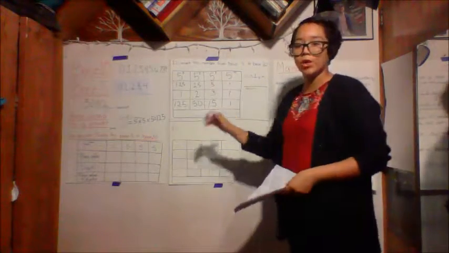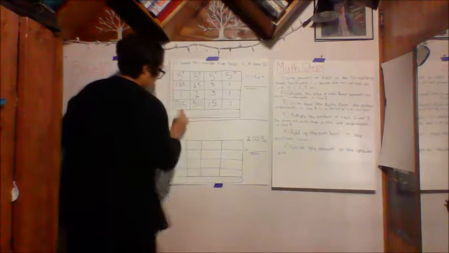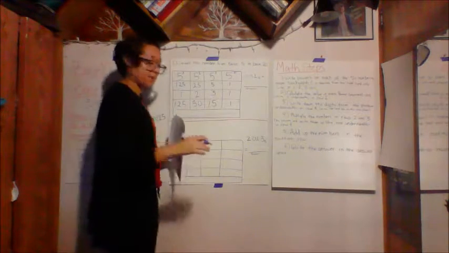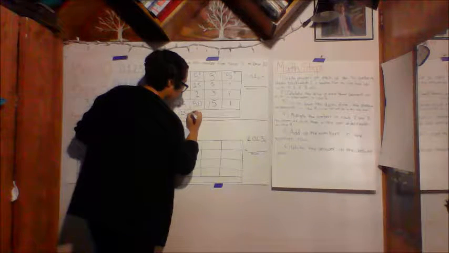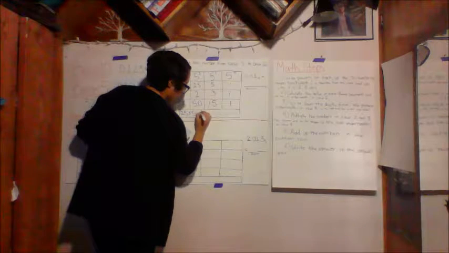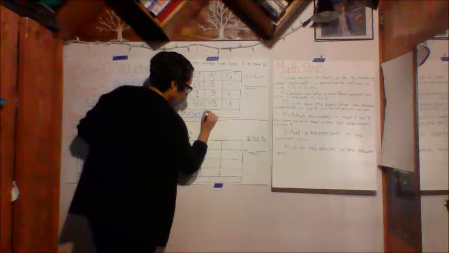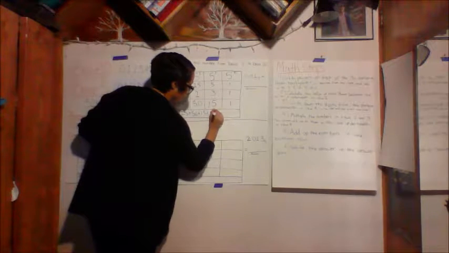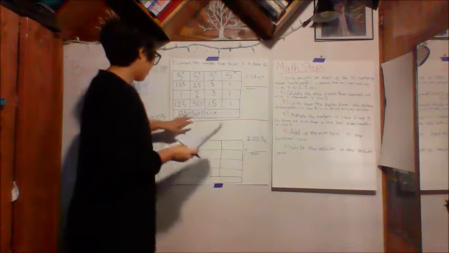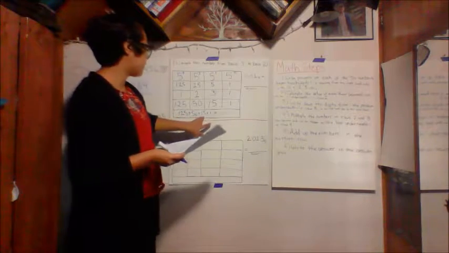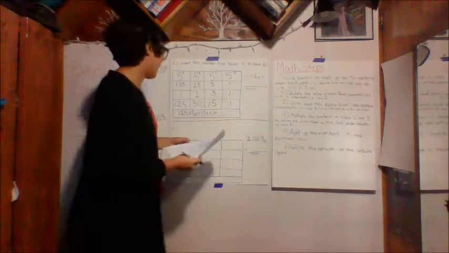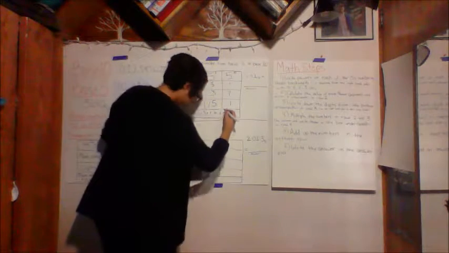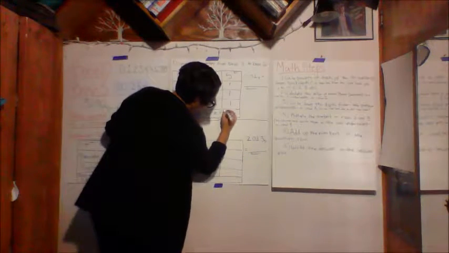Now that we have our whole chart filled in, we're going to write everything down here at the bottom to get our answer. We're going to add everything to get our answer. So 125 plus 50 plus 15 plus 1 equals, yes, correct, 191.